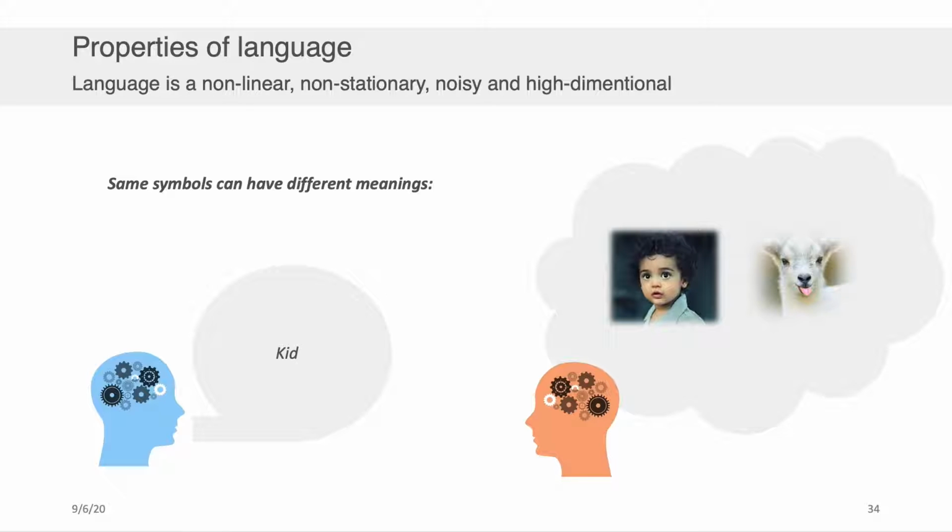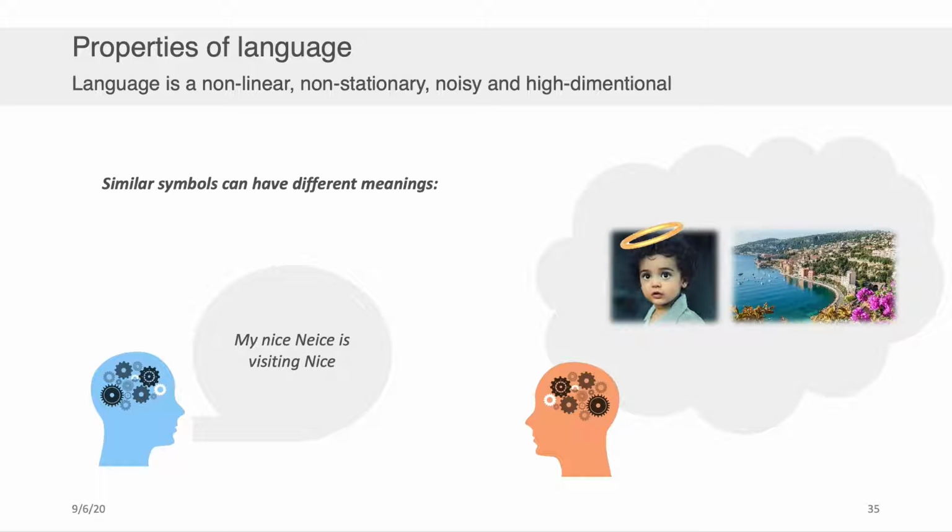For example, if I say the word kid, kid could actually refer to a young human, or it could refer to a strapping young goat. And to make matters more complicated, even if I can figure out from the context what a kid is referring to, there are similar symbols in sentences that can have different meanings.